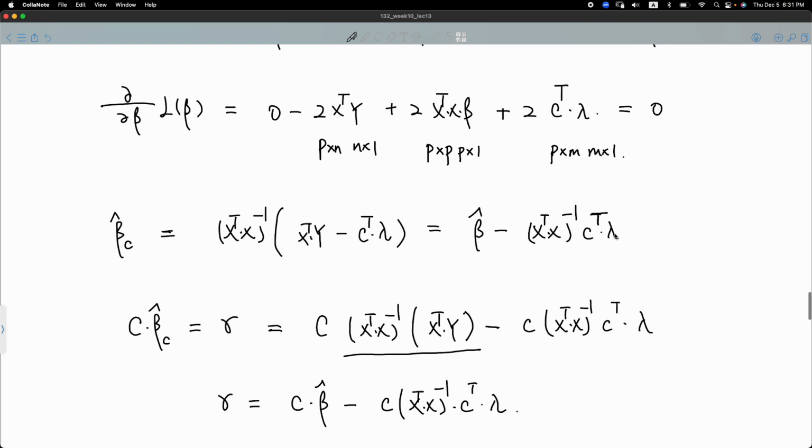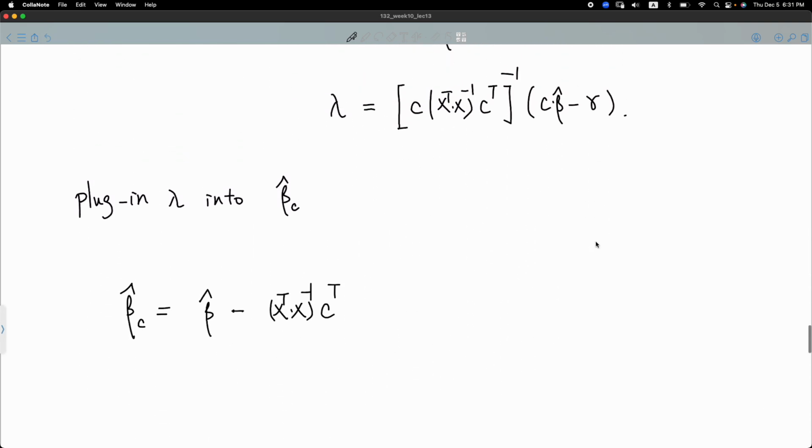And now let's bring in the solution for lambda. Okay, so that is your final solution for the constraint estimator.